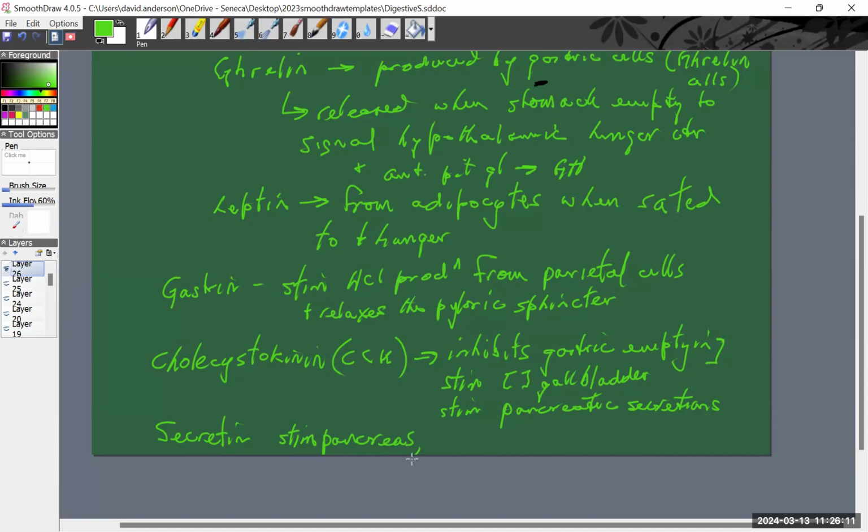So secretin promotes secretion. That's essentially what we're talking about there. And it stimulates bile production, not so much a direct contact onto the gallbladder, but more about stimulating bile production from the liver. So more bile will be produced under the influence of secretin. So these are just some examples of the endocrine influences on the digestive process.